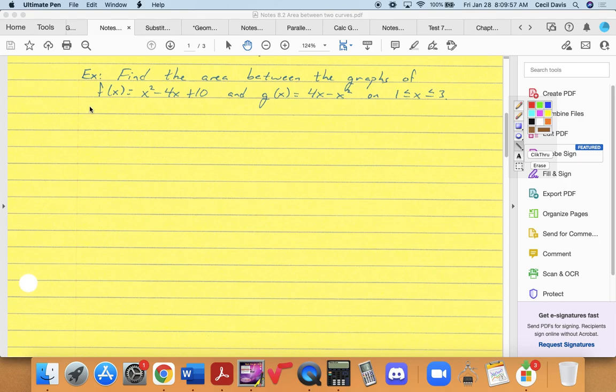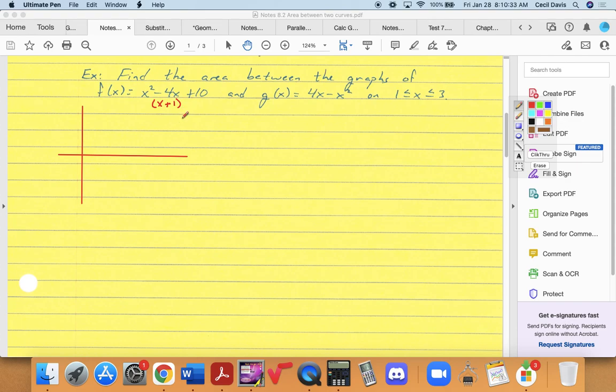And we're only interested in what happens between 1 and 3. So I only need potentially the first and fourth quadrants. Let's see, x squared minus 4x plus 10. Well, I know that's an upward-facing parabola. And if I factor that, does that even factor?